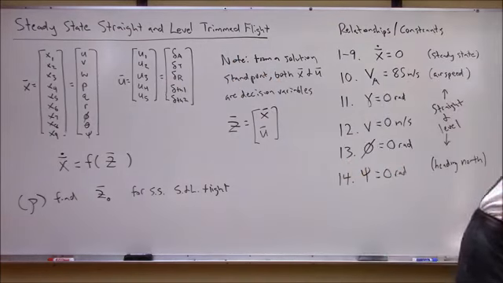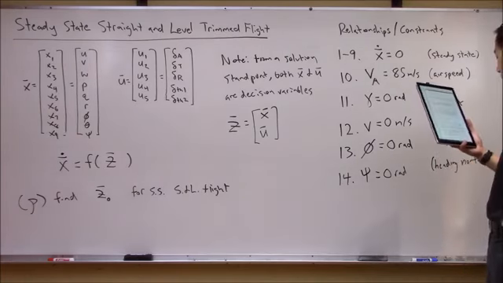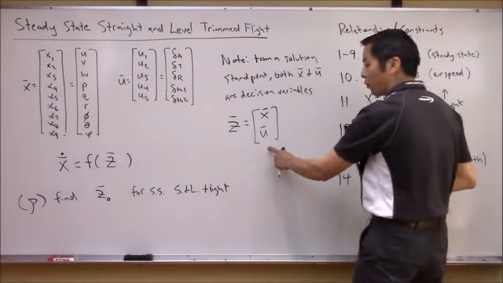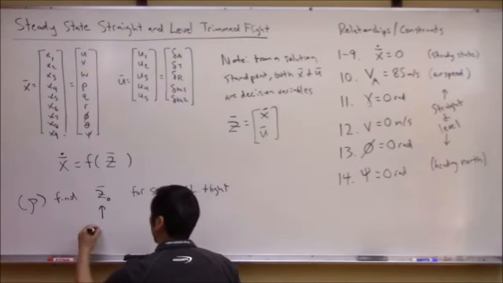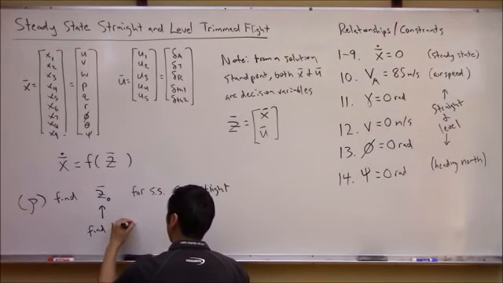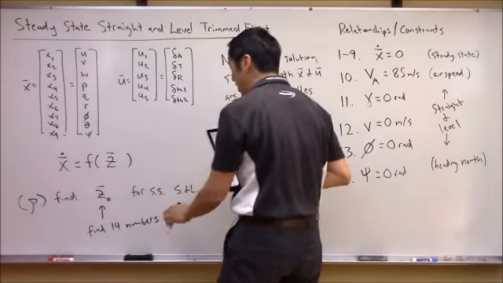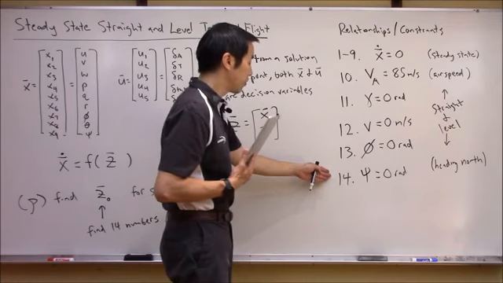So great. At this point, we're actually in a pretty good situation, right? If you think about this long enough, what are we trying to do? We said there are 14 values. What I'm trying to do here is find a set of 14 numbers such that it satisfies 14 of these relationships, right?